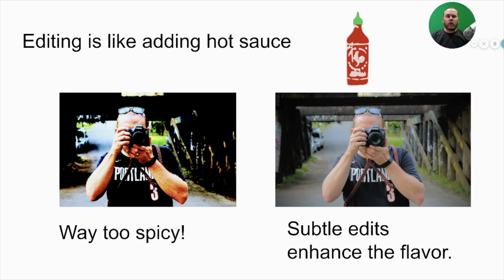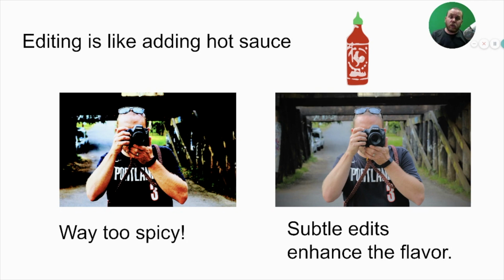And then here is what I always tell students. Editing is like adding hot sauce, right? So here we have two of the exact same picture. And this first one is just way too spicy. I just started dragging sliders all over the place. And before you knew it, it looks like an Andy Warhol modern pop art, which might look great for some sort of artistic photo, some kind of interesting print.